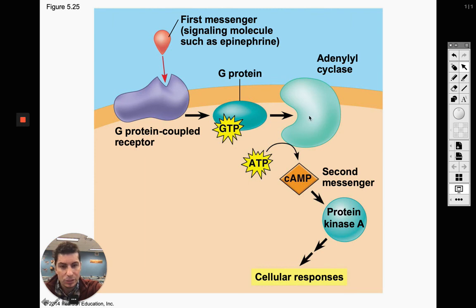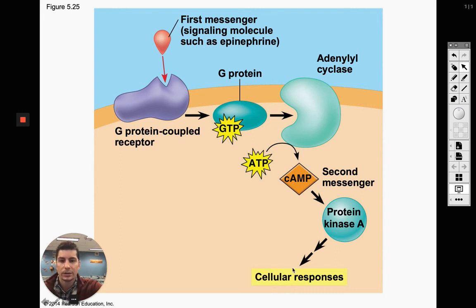Once this bonds to it, the adenylate cyclase will change its configuration. It will create an active site there. And in creating that active site, our next response, we're going to have this secondary messenger, the cAMP, and then it's going to start the kinases through that phosphorylation cascade. And again, our goal is to get, at the end, the cellular response.